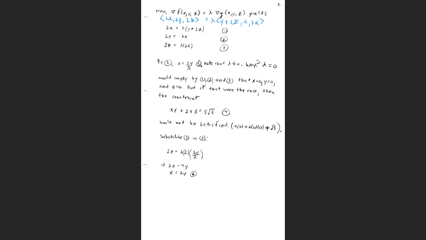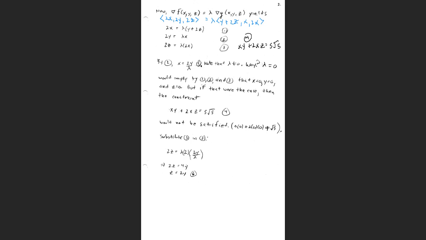Narina, you're right. There are four equations. Here's the fourth one: x times y plus 2 times xz equals 5 root 5.